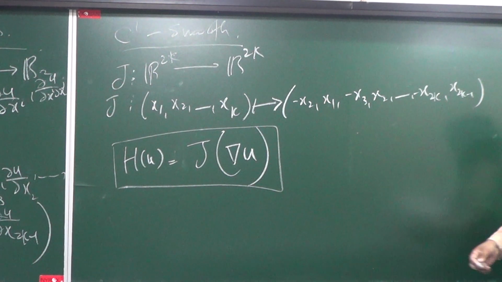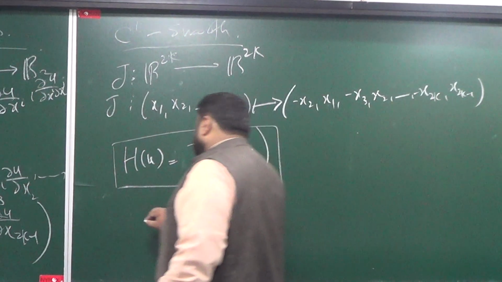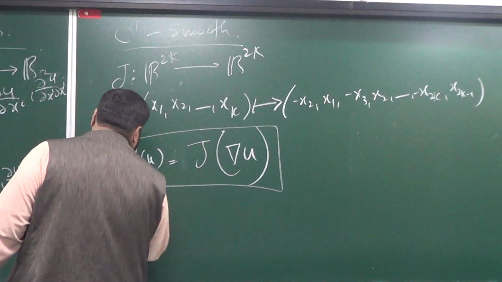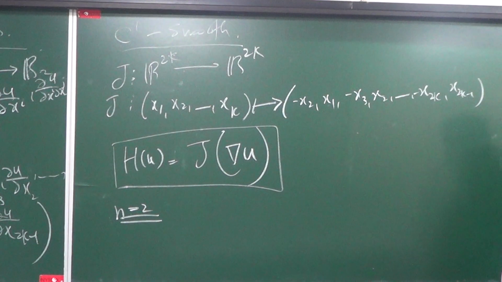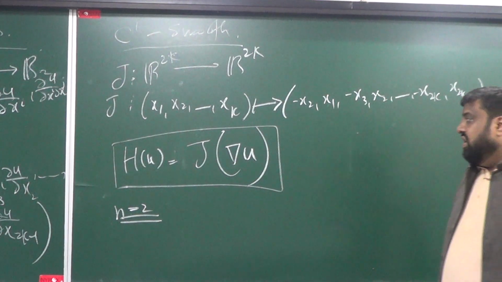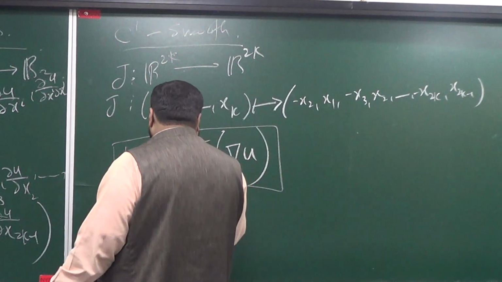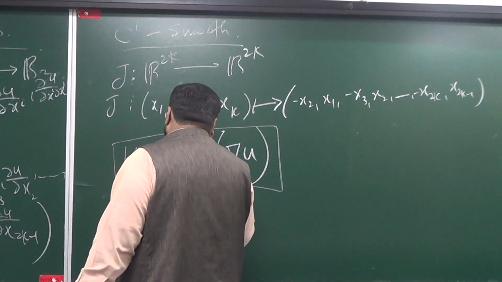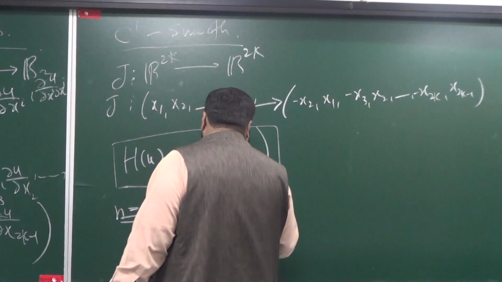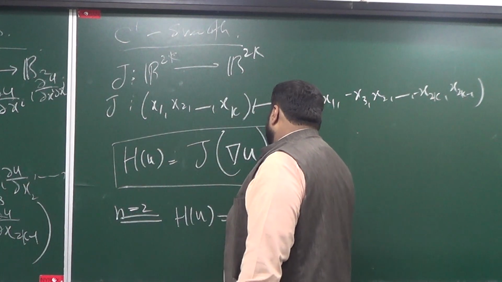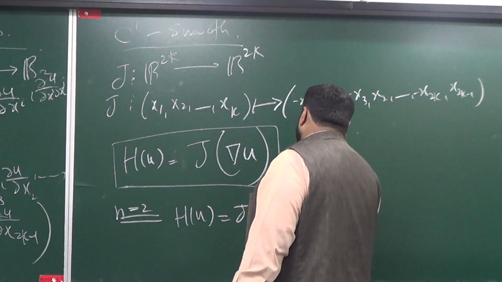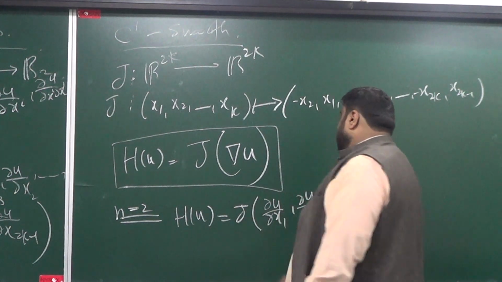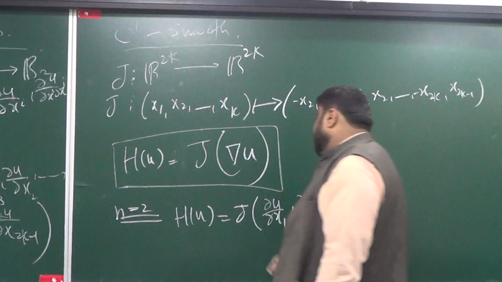Okay. For example, if you take n equal to 2, what would be h of u? So h of u is going to be J of gradient of u, which is partial u by partial x1 and partial u by partial x2, and this would be what?